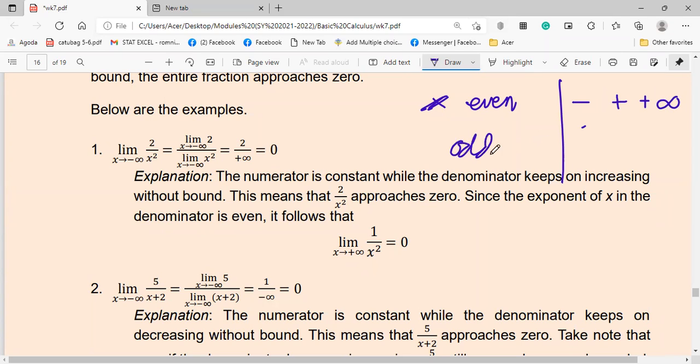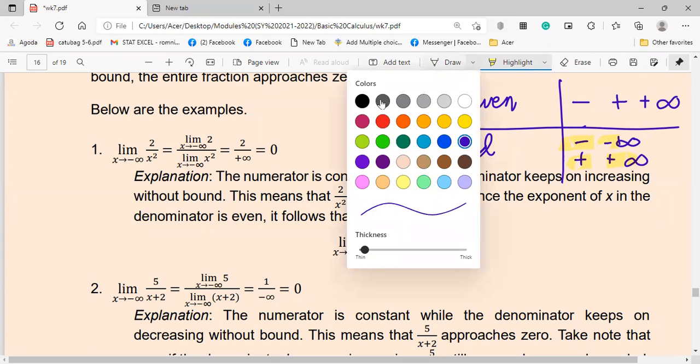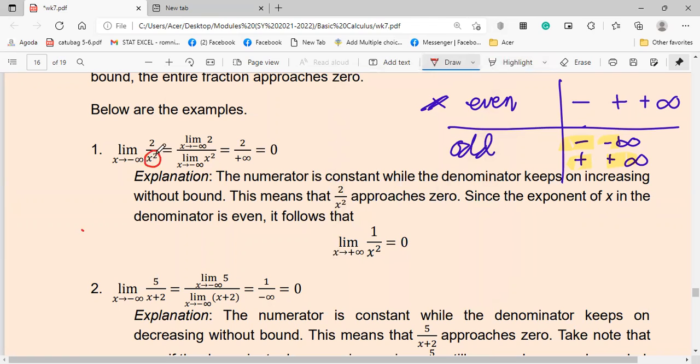Kapag odd, pag nasa left ka, pababa. Pag nasa right ka, pataas. So parang may clue, di ba? Minus, left, negative, or minus; positive, right? Positive, increase. Yun yung clue. Kaya kapag isolve mo yung number 1, ang clue mo kagad, see this? That's positive infinity.